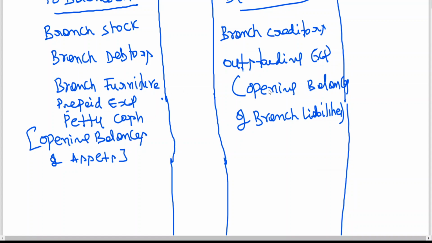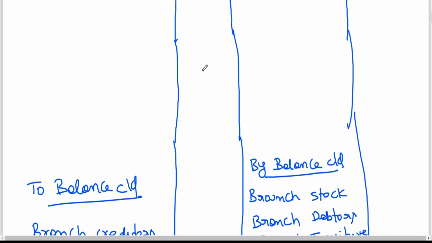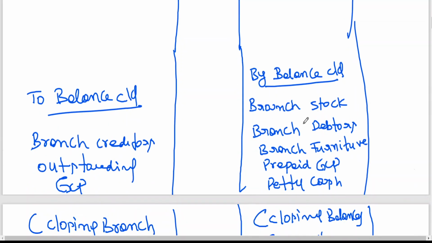Assets minus liabilities, opening capital. Assets minus liabilities, closing capital. Closing capital, opening capital. Closing capital is more than opening capital, profit. Opening capital is more, loss. Simple logic, am I right? Just to explain the concept I am telling you.